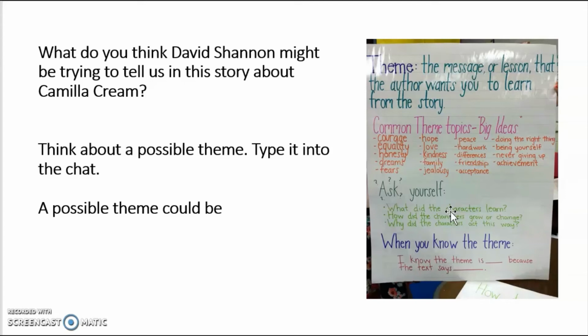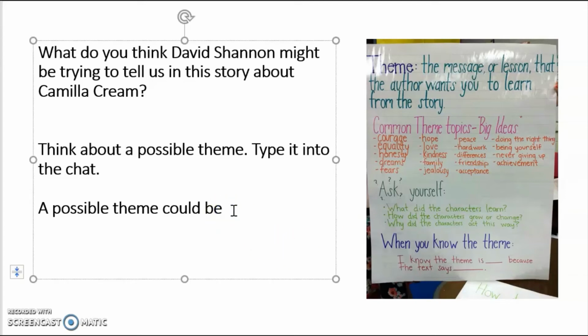That's not going to be our theme because that cannot relate to other characters and other life situations that we may encounter. So then I asked you guys to type in the chat what you think a possible theme might be. The response that I got from a majority of students was that a possible theme could be that it is important to be yourself.